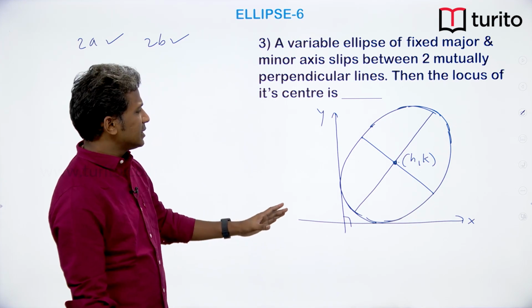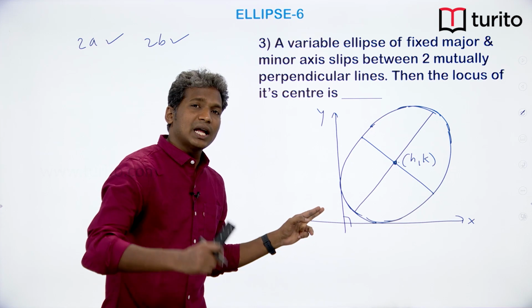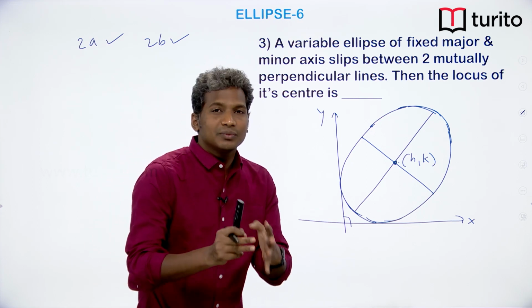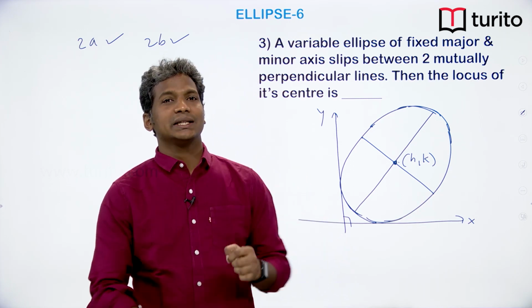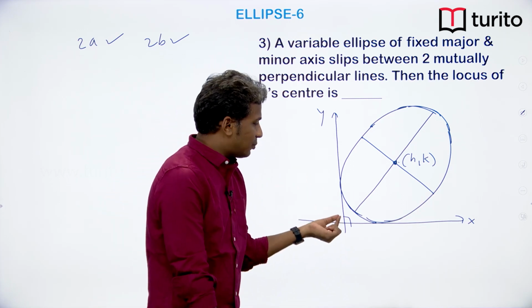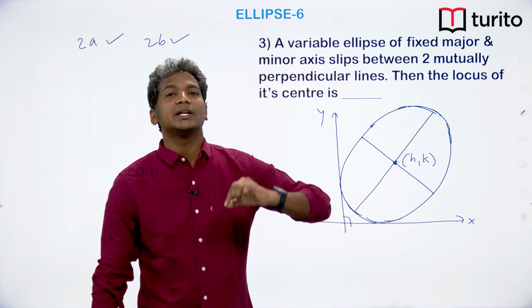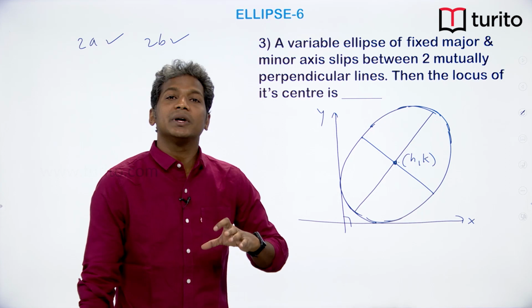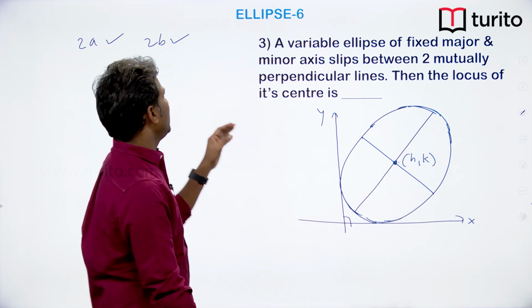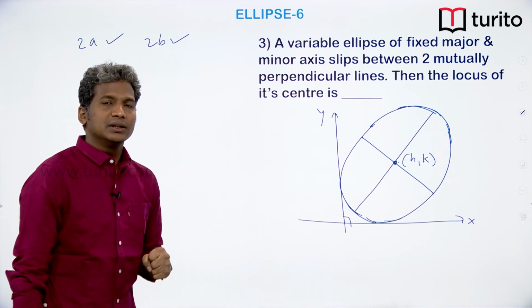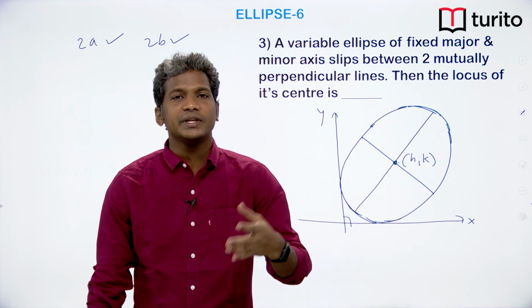So that means what happens here is, the point of intersection of perpendicular tangents is basically a point lying on the director circle. So from the point of intersection of the perpendicular tangents, if we join the center of the ellipse, that must become the radius of the director circle. And here if a and b are fixed, the radius of the director circle also must be fixed, which is root of a square plus b square.